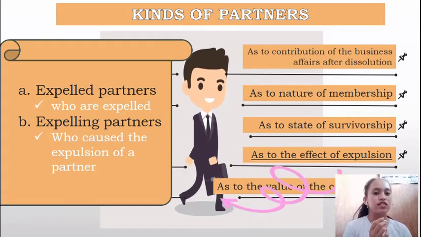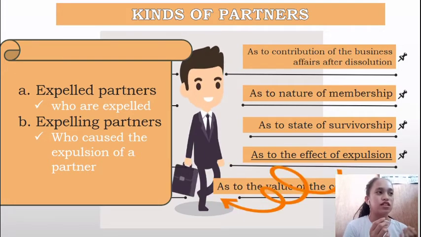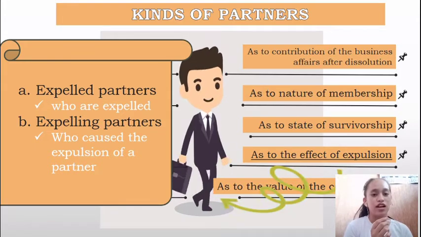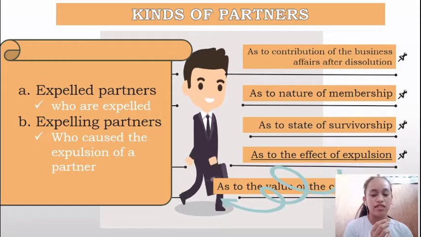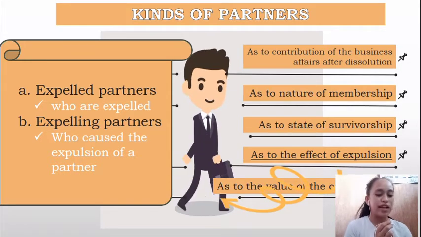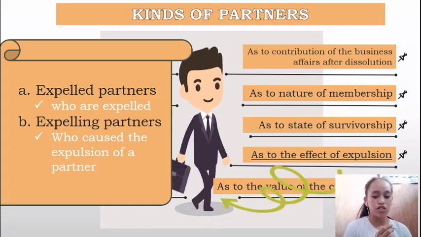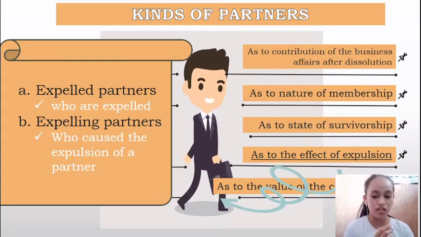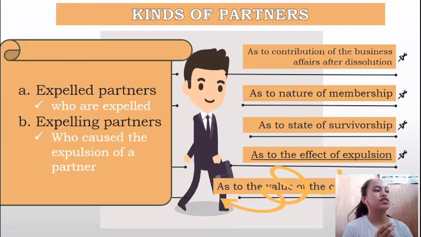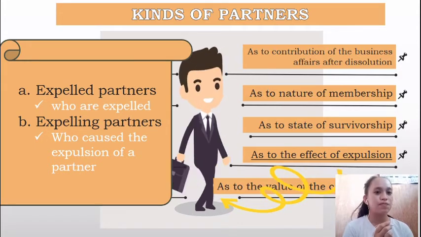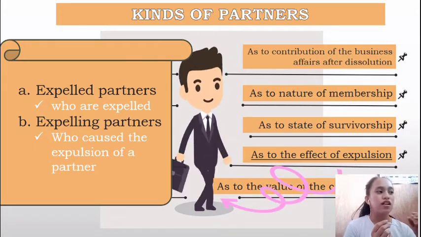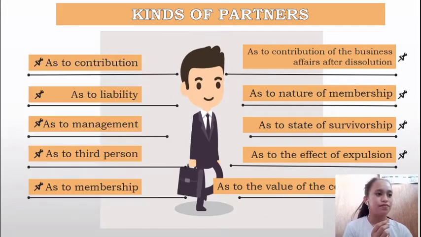Meaning, if they did something wrong that could affect the partnership, the partners have the right to expel the partner. The next one is the expelling partners. They are the ones who caused the expulsion of a partner for a valid cause. So the expelled, and the expelling is the one who makes the expulsion of another partner.